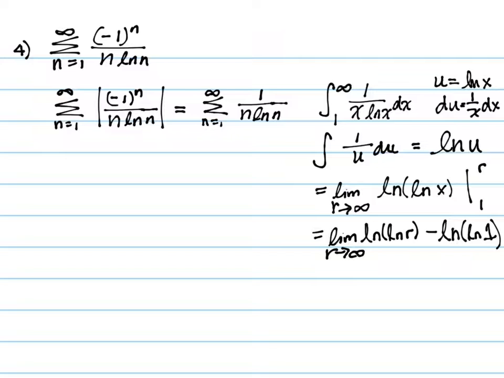Okay. So what do we get at the first part? What is the limit as r goes to infinity of the natural log of r? Yeah, it's infinity. So this piece right here is infinity. The natural log of 1 is actually what?